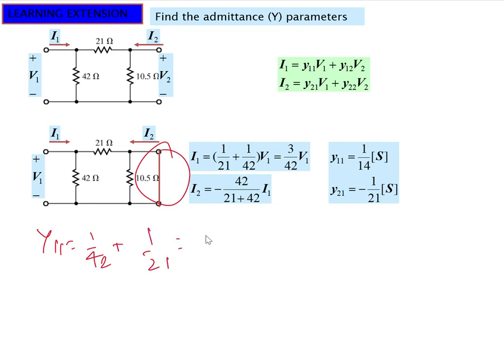So this is 2 plus 1 divided by 42, which is 3 by 42, which is 1 by 14. 14 plus 14 is 28, and this is in siemens.